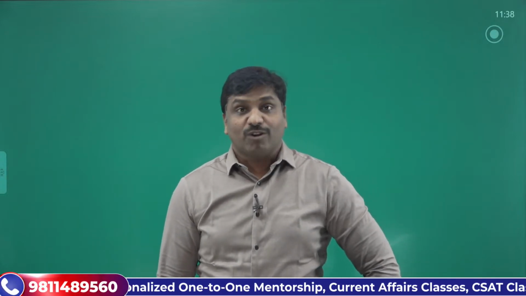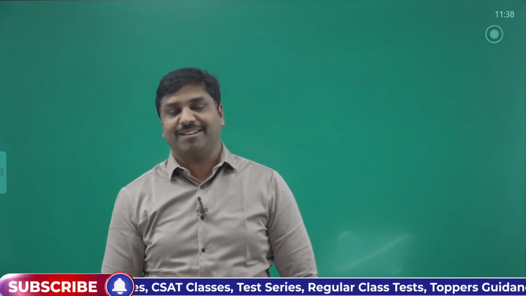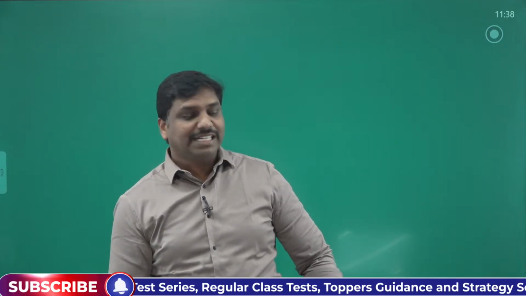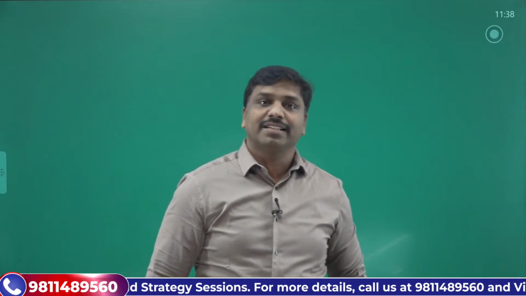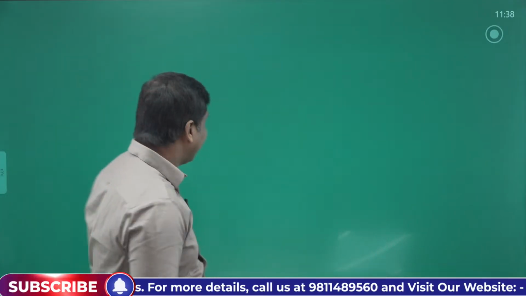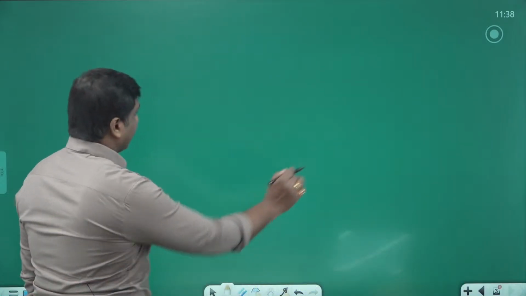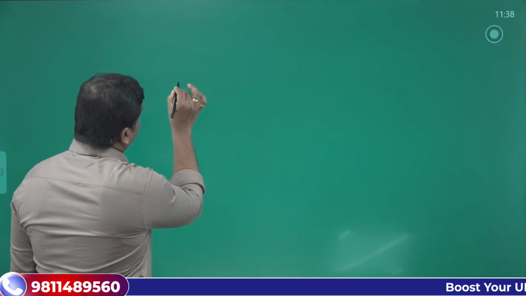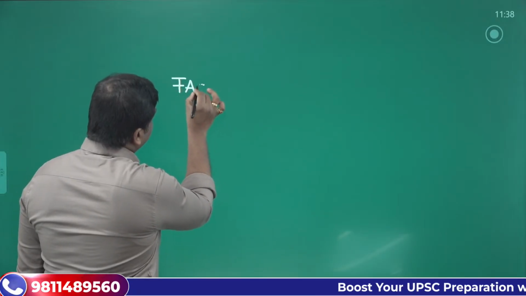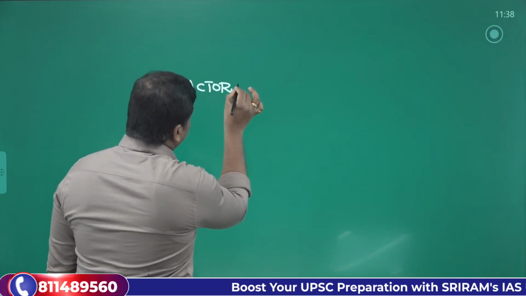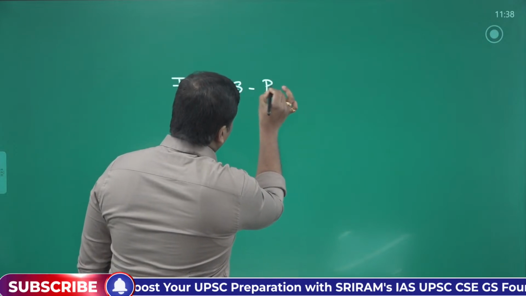Now, what the question is asking is: what are the factors that are responsible for the population growth in India? This is a very important thing that we should understand. Let us directly jump to the demand of the question, because things are very simple and straightforward here.